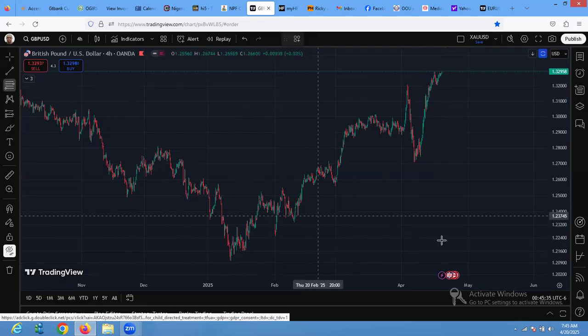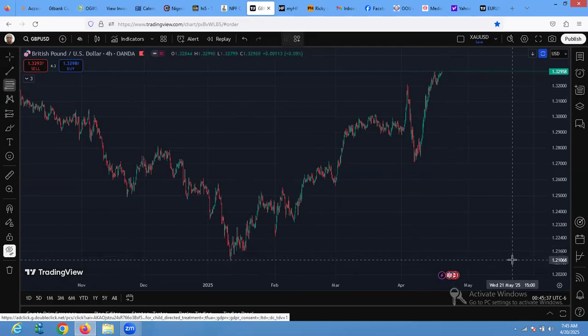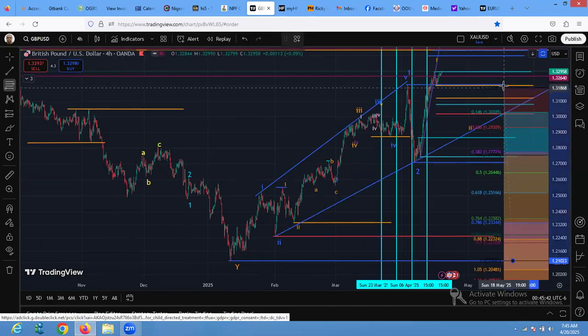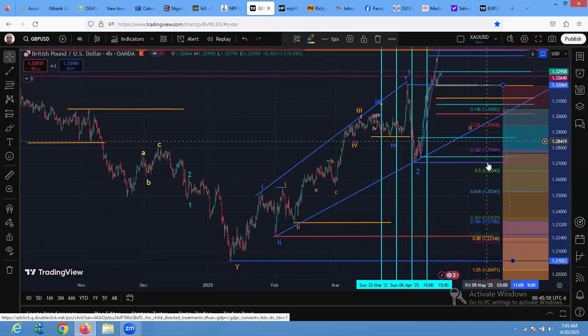If I check again, from this low back up to this point, it's not even up to 50%. It's just slightly below. It's over 40, not up to 50%.